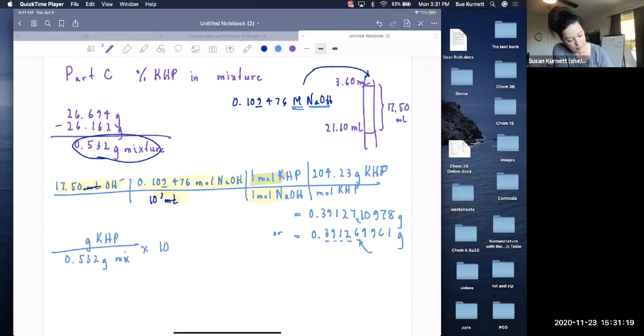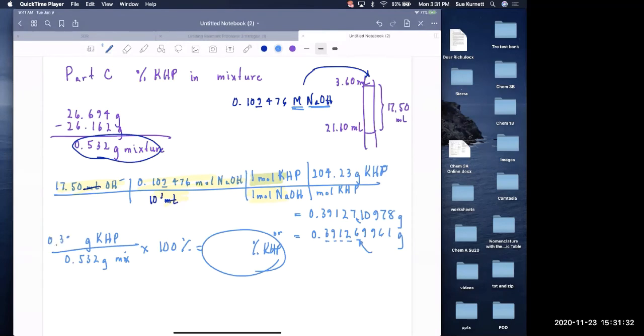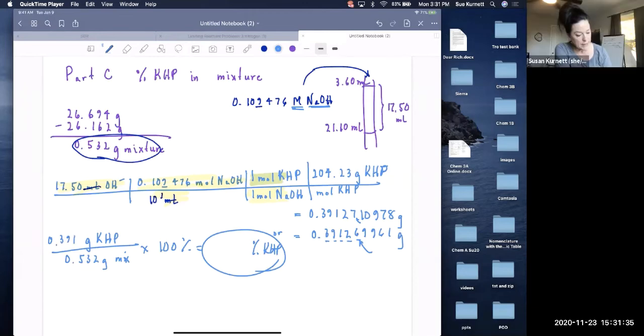If you multiply that by 100%, that is percent KHP. And how many sig figs did you want our percent to be? In this case, just let me finish what I got here, and then I will do that. I got 73.54338. And this value has 4 sig figs. This value has 3 sig figs.